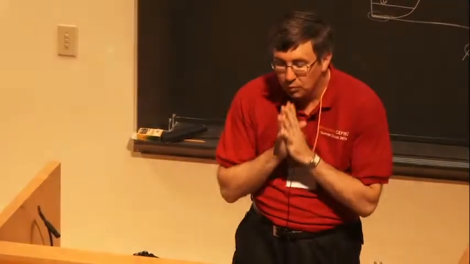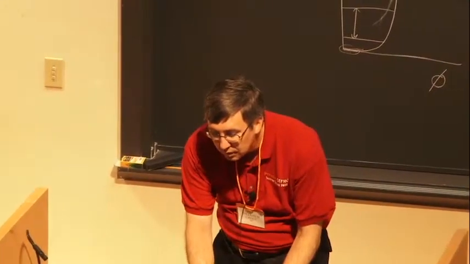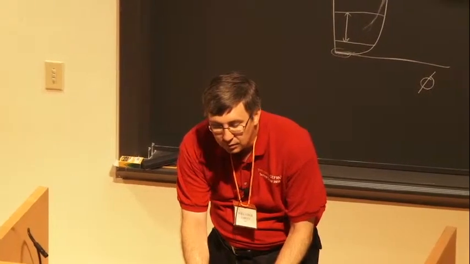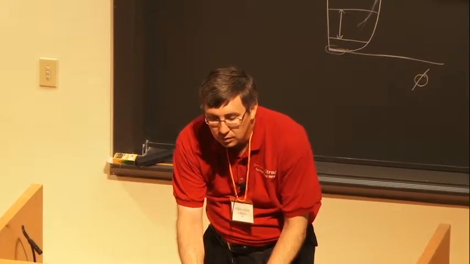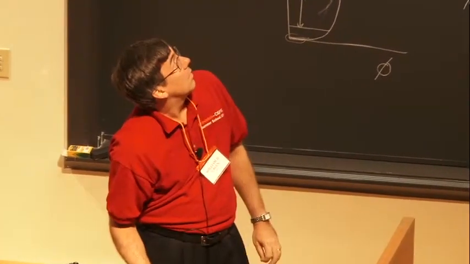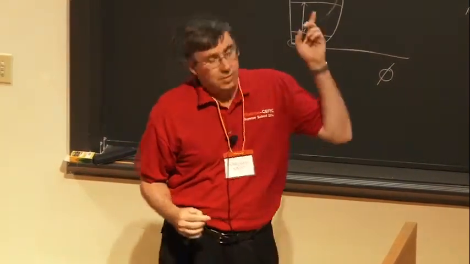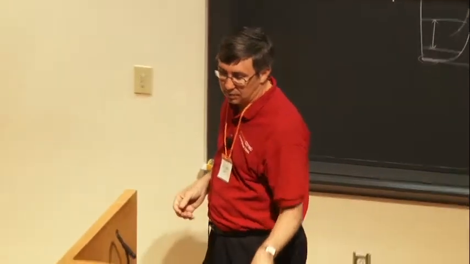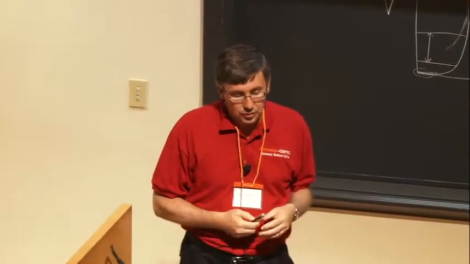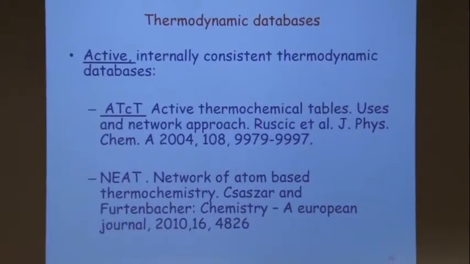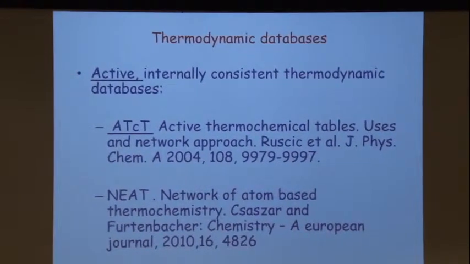All right, so the best numbers that are available now are the Active Thermochemical Tables. And this was developed by Branko Ruscic, who's at Argonne National Lab near Chicago. And there's a European kind of version of this too.